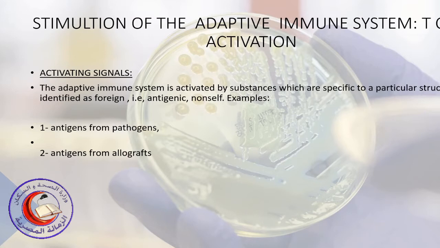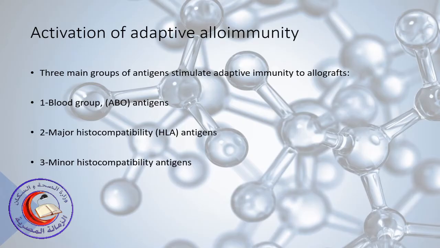The T cell recognizes antigens from pathogens or, as we are interested in transplantation, antigens from an allograft. To remind you, an allograft is a graft from one member to another member of the same species, but the members are genetically dissimilar. What about the antigens which stimulate the T cells?